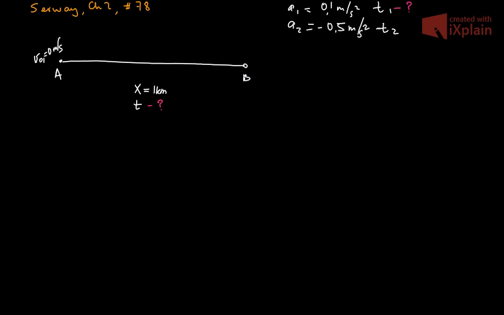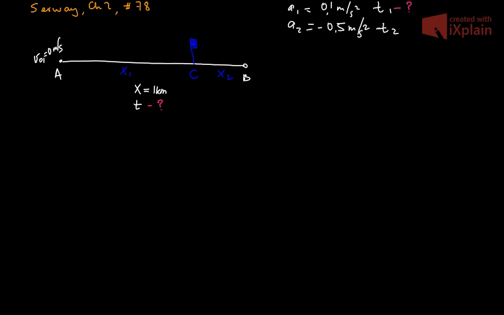I'm going to flag the point where the train slams on the brake. Let's call that point C. I'm going to treat this problem as two separate problems, from A to C and C to B. Let's call the distance from A to C x1, and the distance from C to B x2.